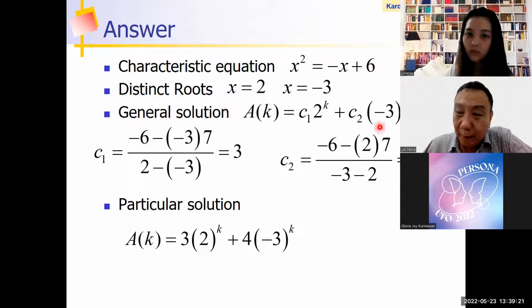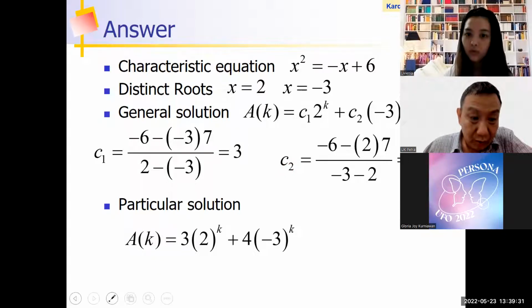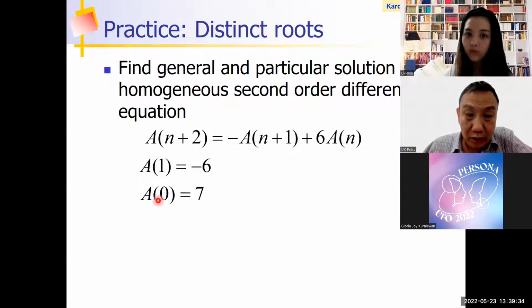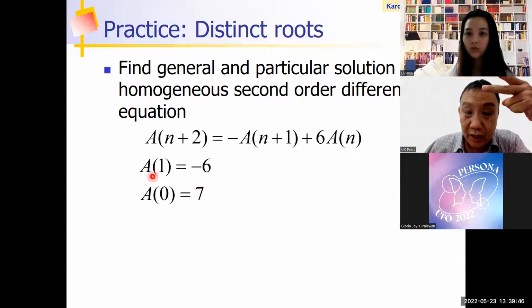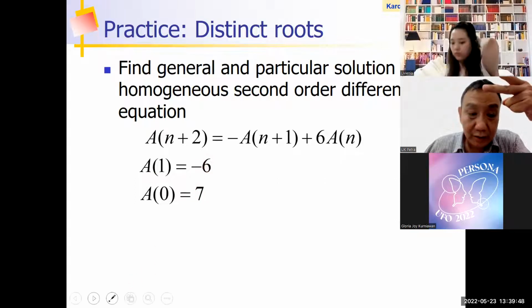Is it clear? And then how do you get C1 and C2? Remember we need two initial values, because we have a second order equation, so you need A0 and A1. I know A0 is 7, A1 is minus 6.